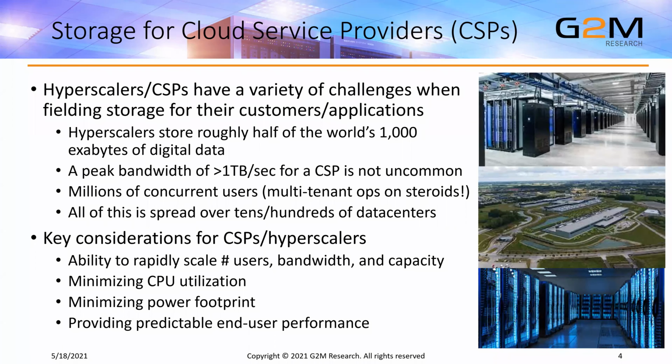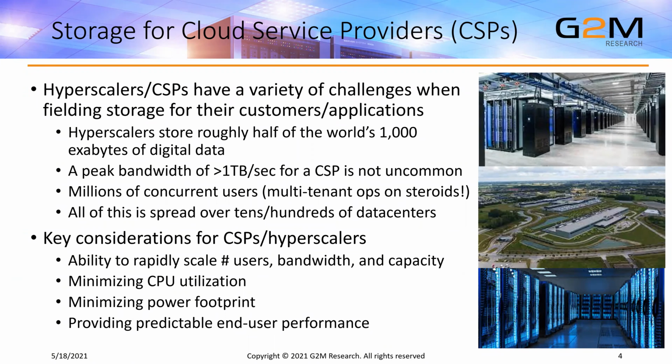They also want to minimize CPU utilization by their infrastructure. CPUs to them are something to be rented out. The time on those is used; that's what pays the bills. So if you have drivers and things like that eating up lots of bandwidth, that's not a good thing. Minimizing the power footprint: most of these companies are very aware of the power they use in their data centers. They're taking big steps to reduce the power, either from cooling or electricity, so minimizing power footprint is important.